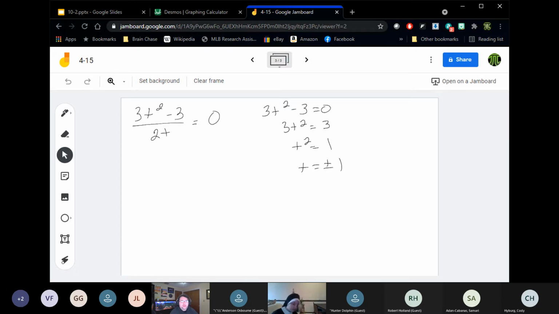So we've got the two t values that are going to give me my horizontal tangents. But now I've got to figure out my points for those. So we've got to plug back in that plus or minus 1 to my original equations.